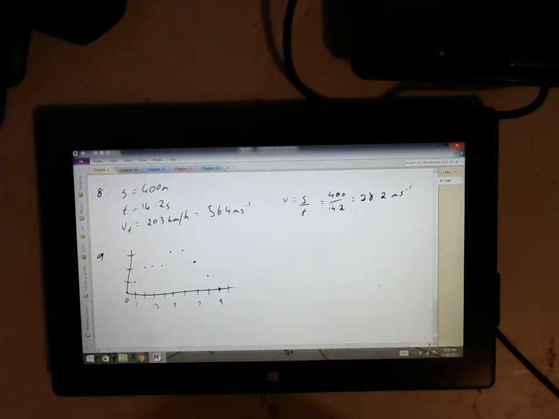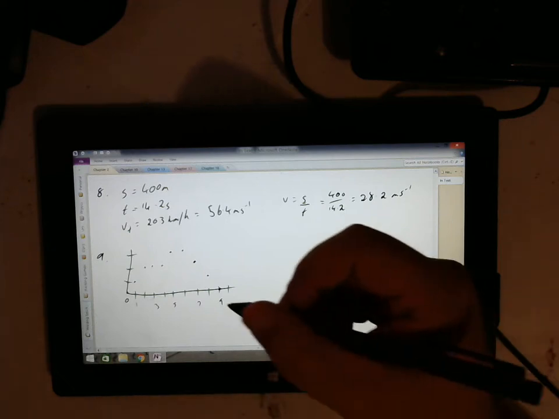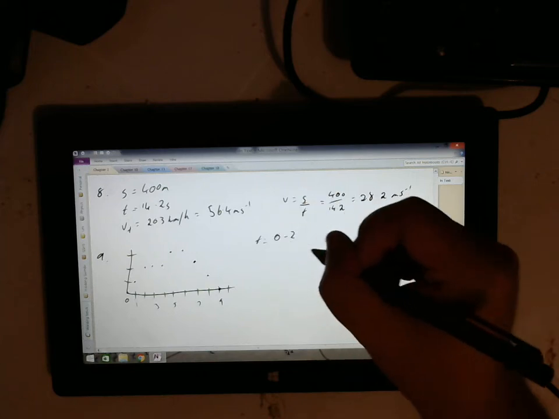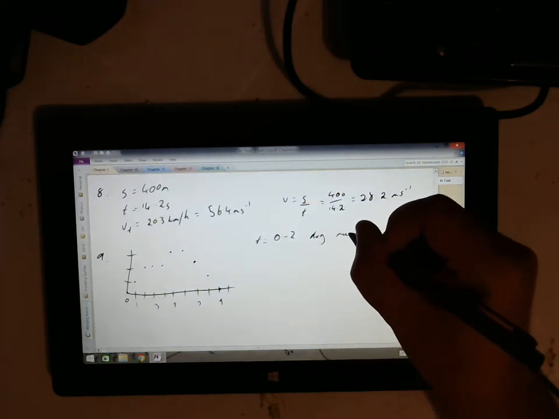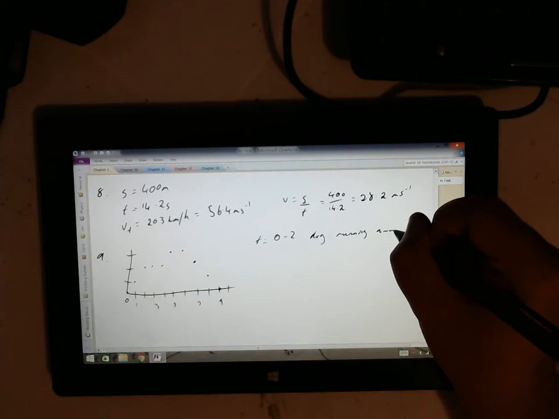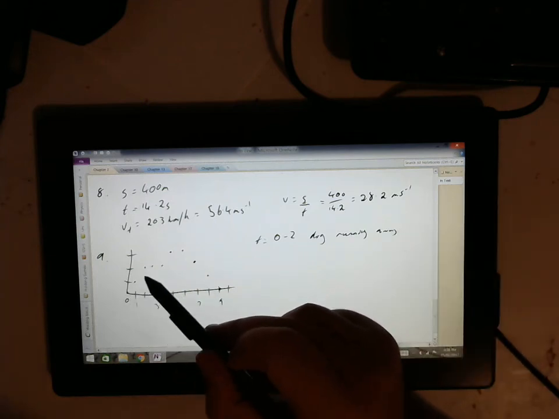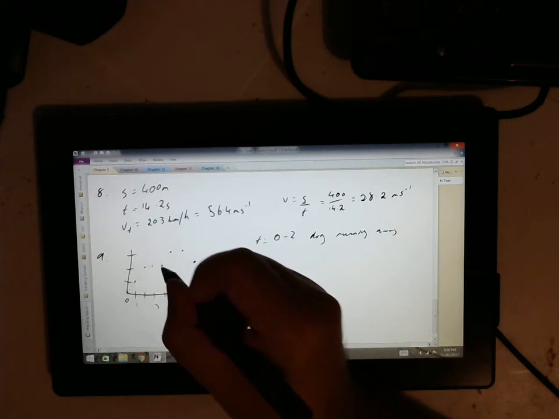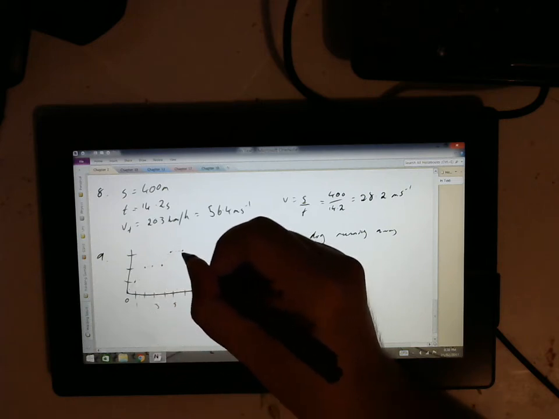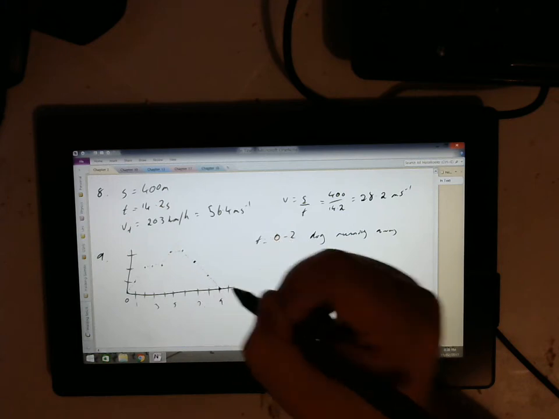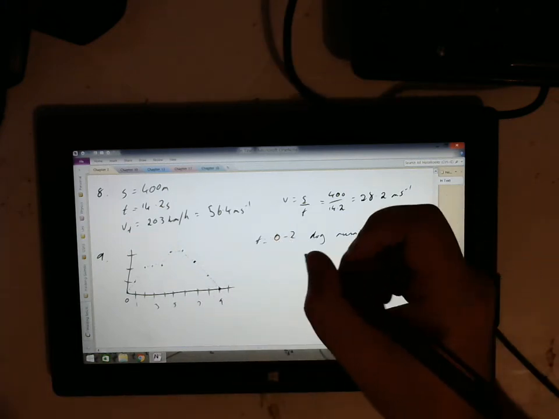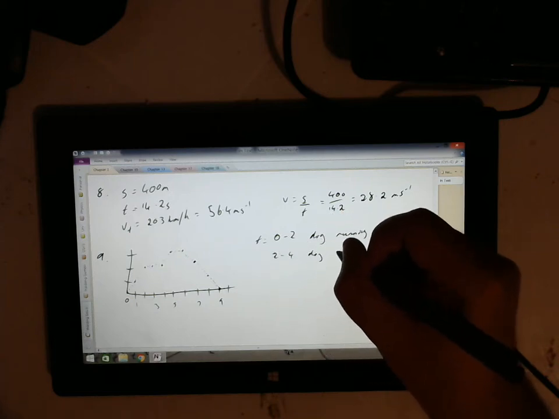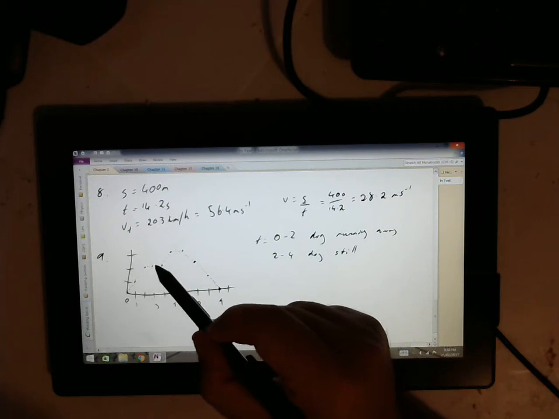So, what was its motion? From t equals 0 to 2, the dog is running away because displacement is increasing during that period. At 2 to 4, the dog is still, because the displacement-time graph is horizontal.